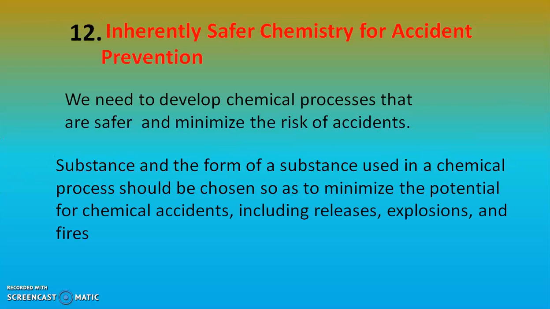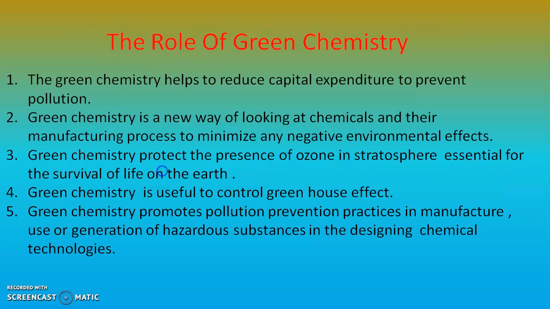Last is inherently safer chemistry for accident prevention. In that, we need to develop chemical processes that are safer and minimize the risk of accidents. Substances and the form of substance used in a chemical process should be chosen so as to minimize the potential for chemical accidents, including releases, explosions and fires.